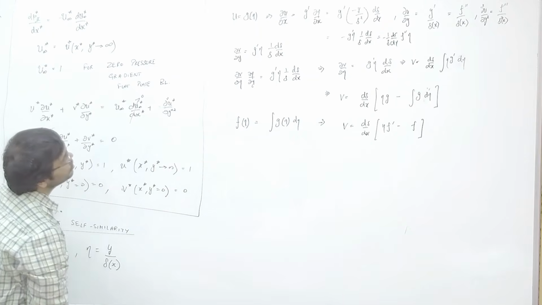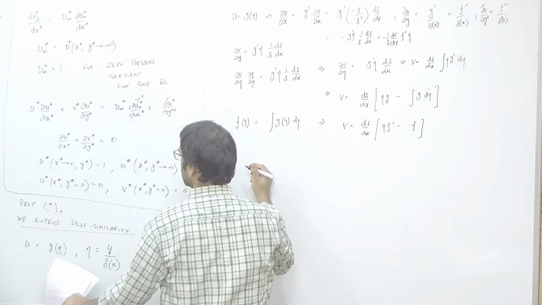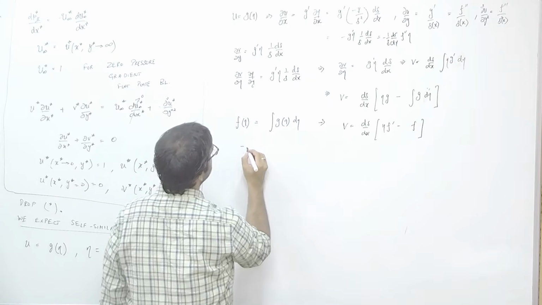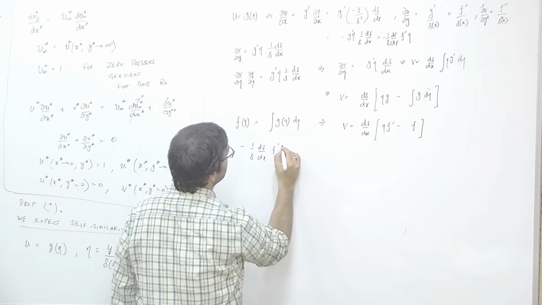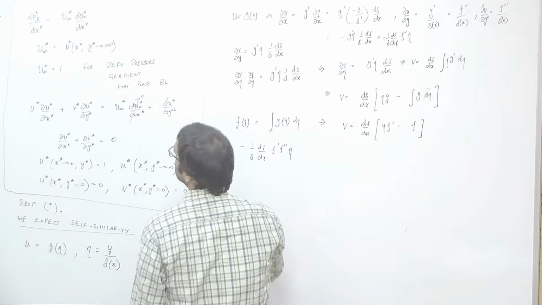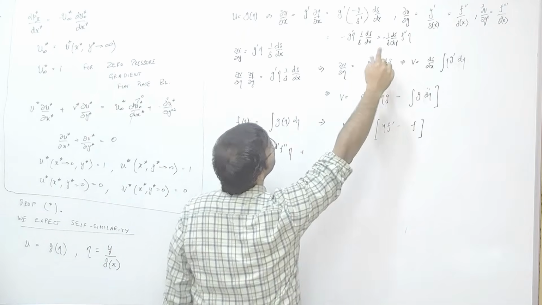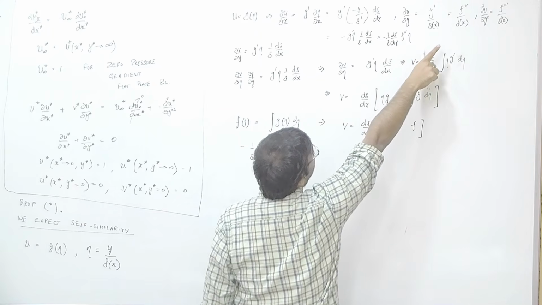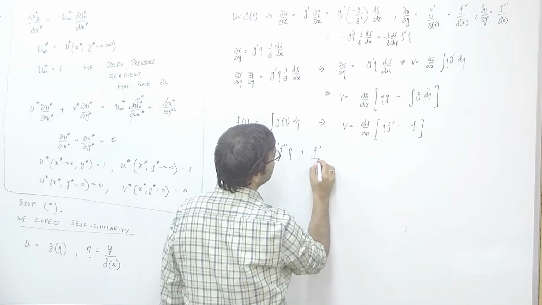So u times del u by del x, u is f prime, so minus 1 by delta d delta over dx f prime f double prime eta, and then v times del u by del y. V is this, del u by del y is that f double prime by delta x. So we have f double prime by delta.